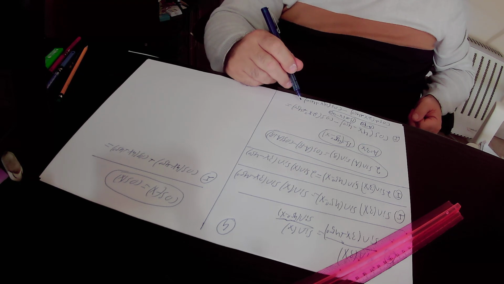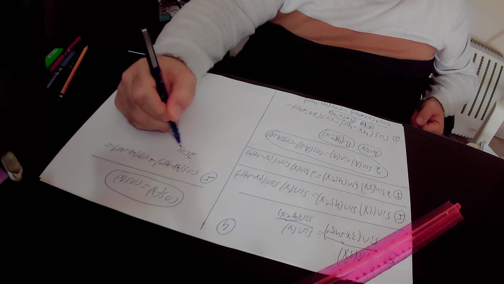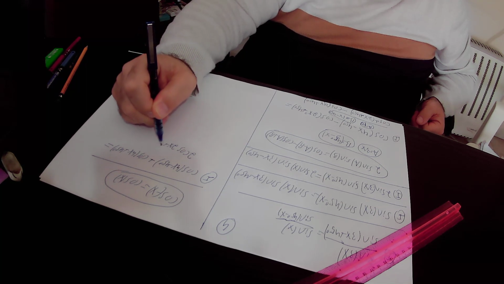So cosine 2x plus 45 degrees plus cosine 2x plus 45 degrees equals 2 cosine 2x plus 45 degrees.